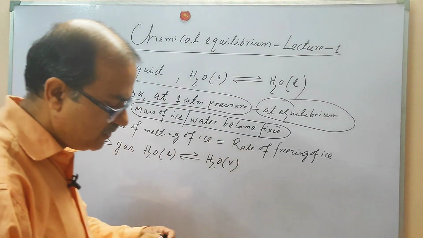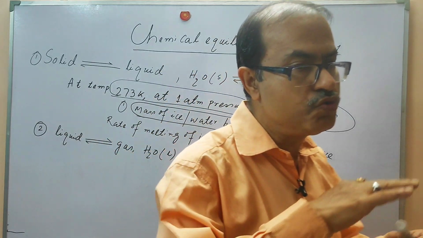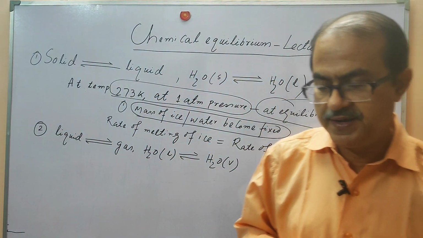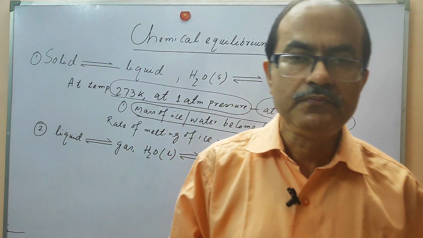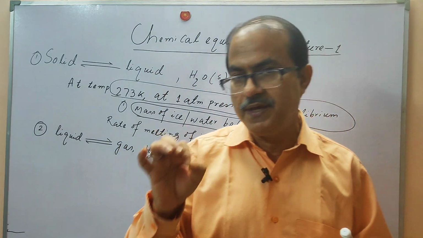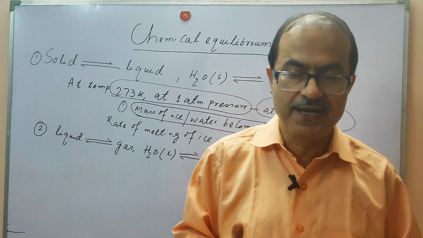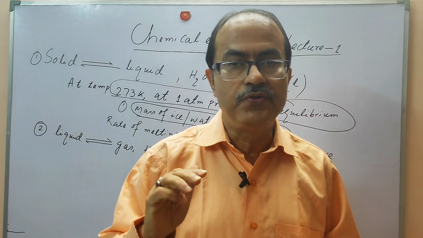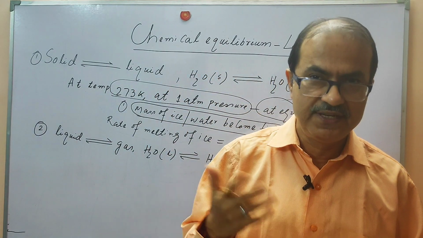When we keep a liquid in a closed container, what is going to happen at room temperature? The molecules at the surface of the liquid will be highly energetic and will evaporate. They will go into the vapor stage.